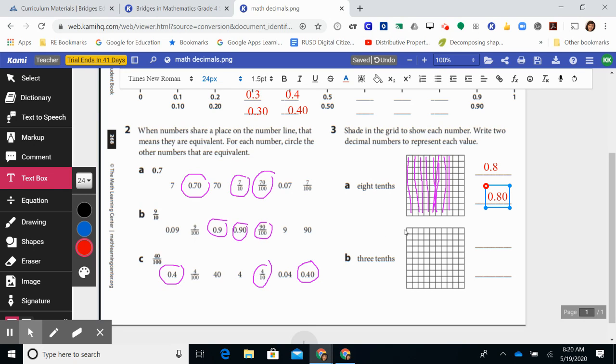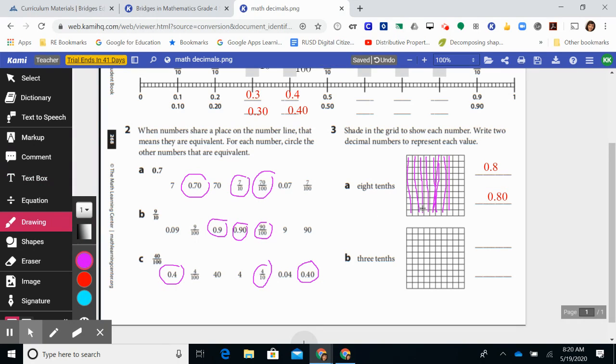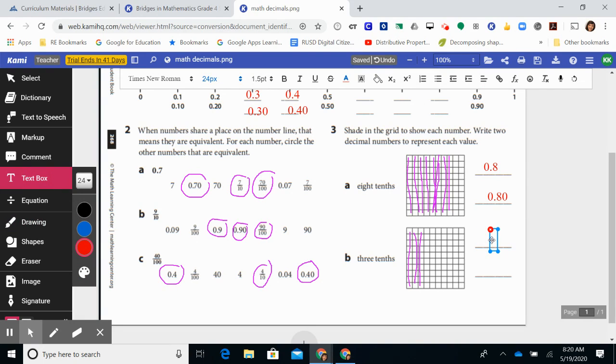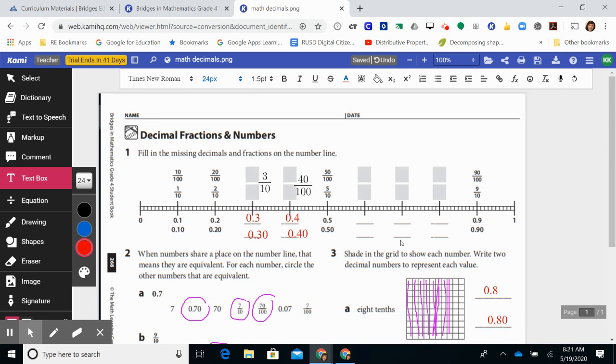Okay, and then for 3/10, I would just color in 3 lines of 10. 1, 2, 3. And then for my equivalent decimal, it would be 0.3 or 0.30. Okay, so that's kind of equivalent fractions and decimals.